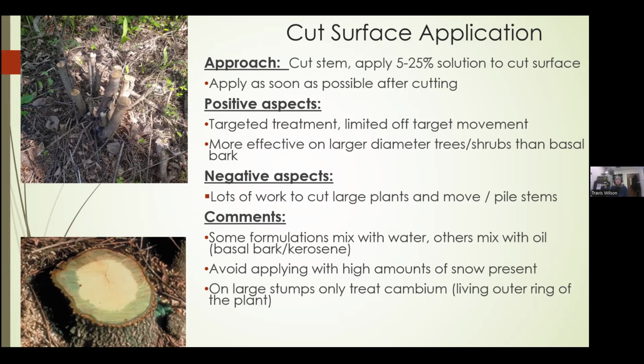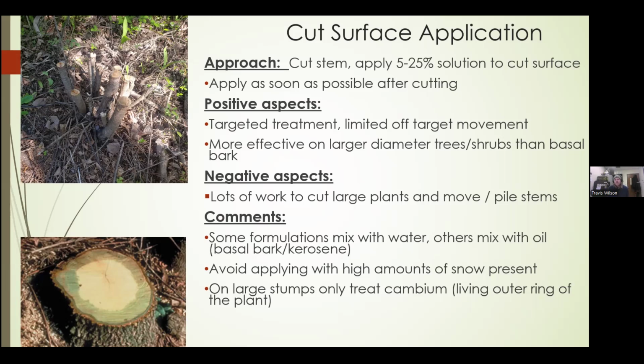If you need to remove that slash or the debris, then it can be labor intensive. And depending on what you ultimately need to do with that, you need to build a burn pile that could potentially create fire hazards later in your work. And so it just creates more work potentially that you're going to have to do.